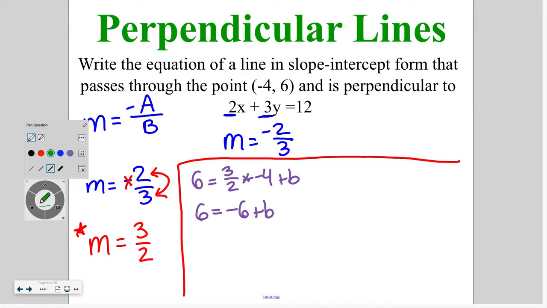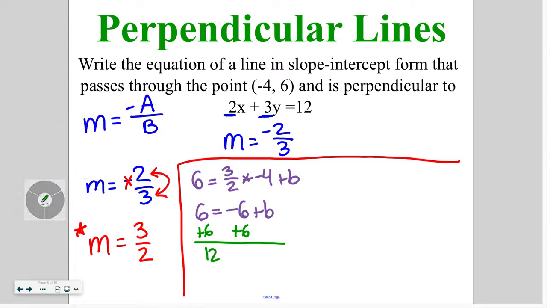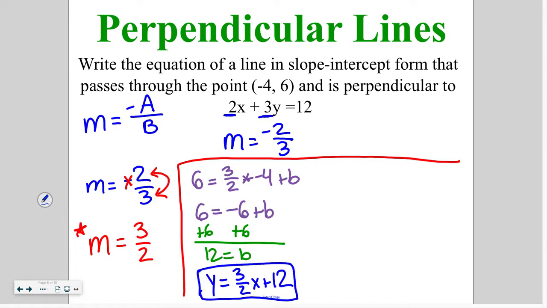When I finish solving that, I add 6 to both sides, getting an answer of 12 is equal to b, for a final equation of y is equal to 3/2 x plus 12. So that's our first option using our slope-intercept form of the equation.